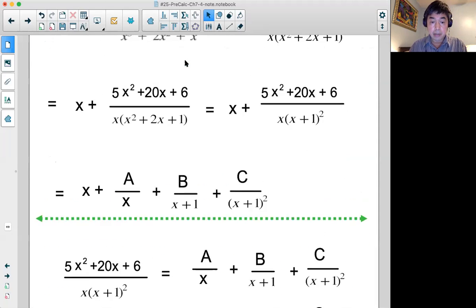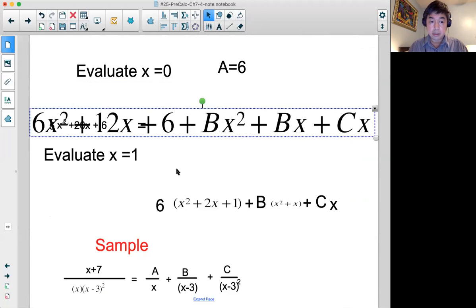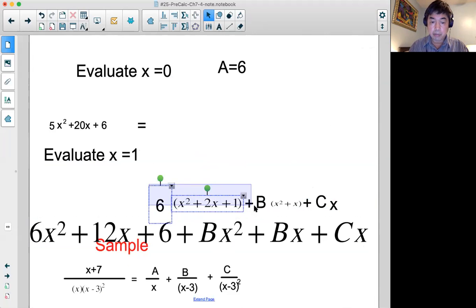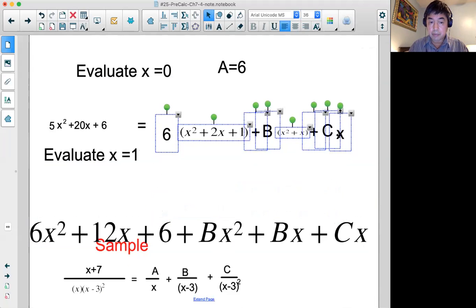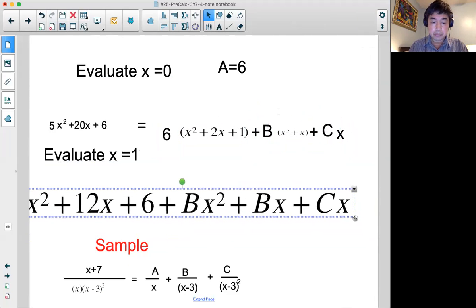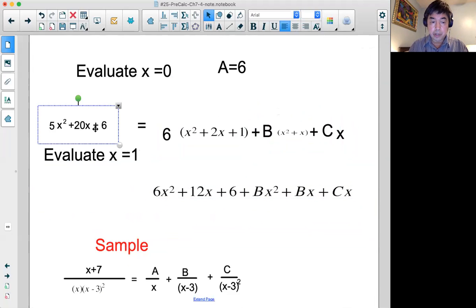Okay, so let me cut and paste here. Okay, so let me plug this one back in here. All right, now I make it a little smaller here. So if you write the equation, you can write the equation, this one equal this one.